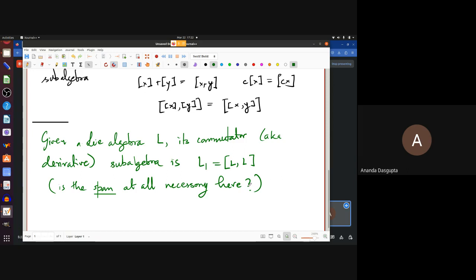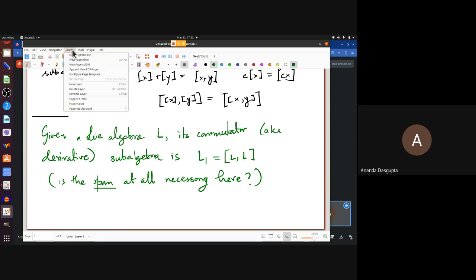If we are originally defining [A, B] as the span, then of course [L, L] will automatically continue with the definition. But I'm simply asking this: if we were only interested in the commutator subalgebra, would we have been within our rights to just drop the span from the definition? Note once again, I'm not giving you either a yes or a no as an answer. I will ask you to think about it.